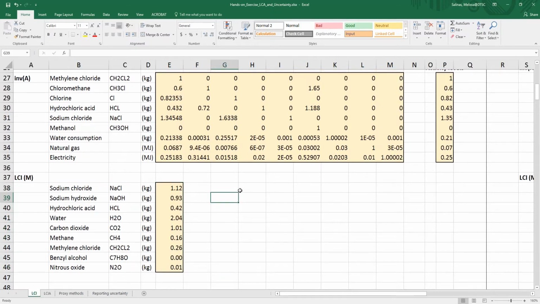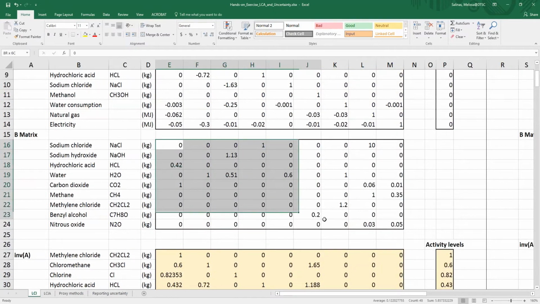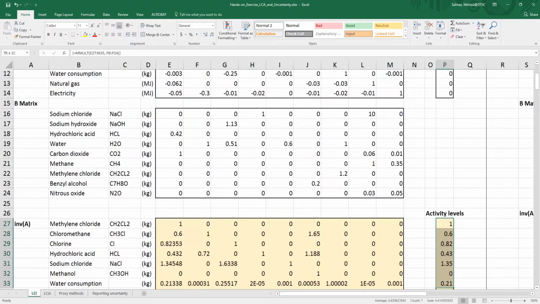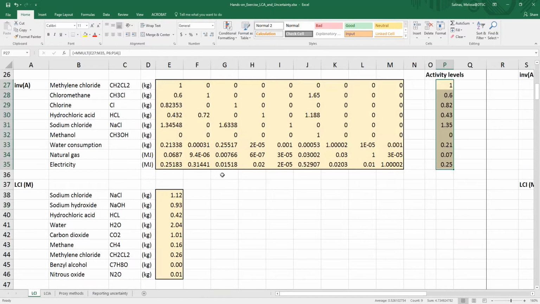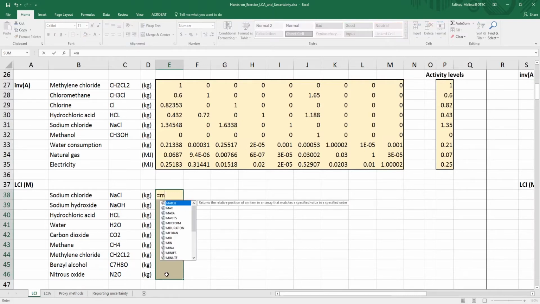Basically what we want to do is multiply the B matrix by the activity levels to arrive at total life cycle emissions, because the B matrix is just the direct emissions from each process. To calculate the life cycle emissions, we multiply that by the total amount of chemicals produced. We select the entire vector of LCI, put an equal sign and MMULT, which stands for matrix multiplication.